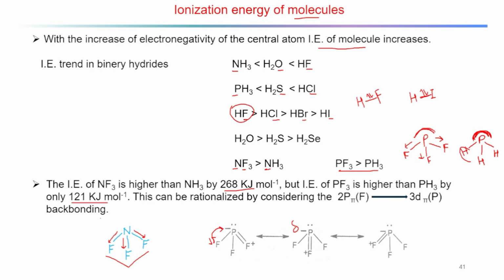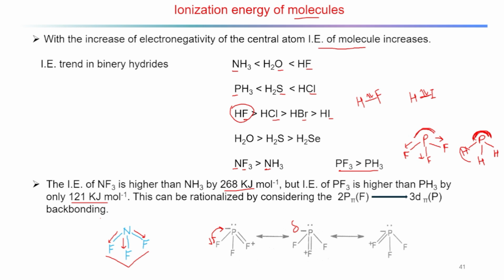Now that ionization energy will be higher compared to PH3. As it has lesser electron density, it will hold the electrons much more tightly. Because of that, if you want to remove an electron from PF3 molecules, that ionization energy will be higher, 121 kilojoule per mole higher compared to the ionization energy of PH3. So note that PF3 will have higher ionization energy compared to PH3.